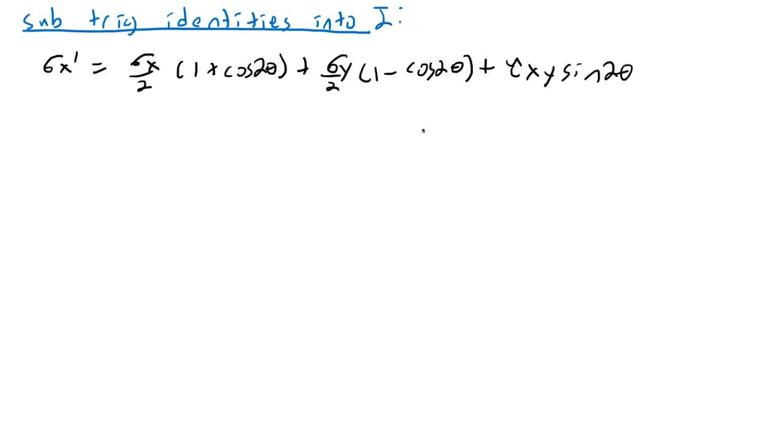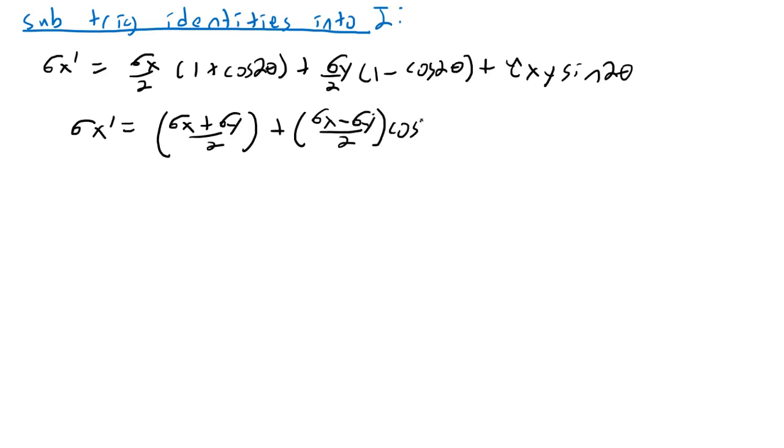Or I can finally get something really useful that appears in the textbook, a classical expression: sigma x prime equals sigma x plus sigma y over 2, plus sigma x minus sigma y over 2 cosine 2 theta, plus tau xy sine 2 theta.